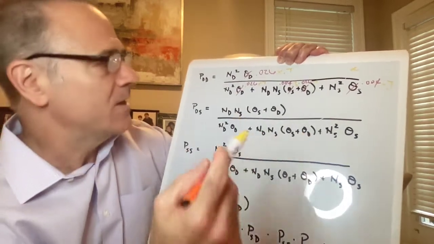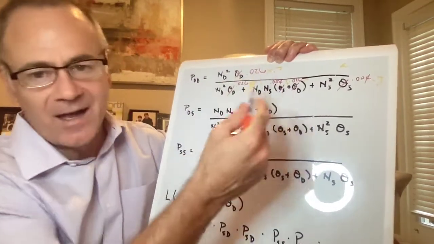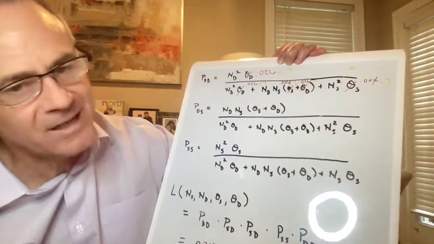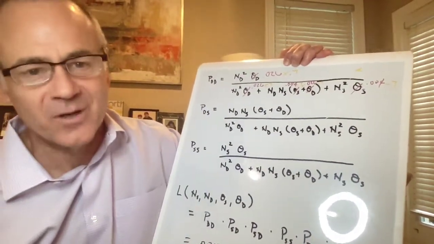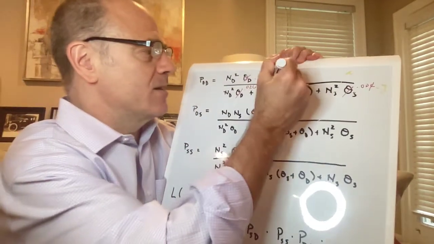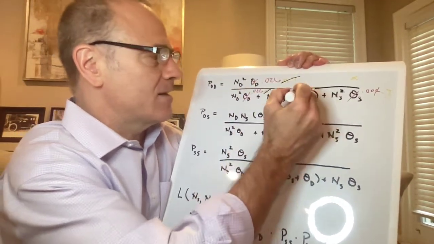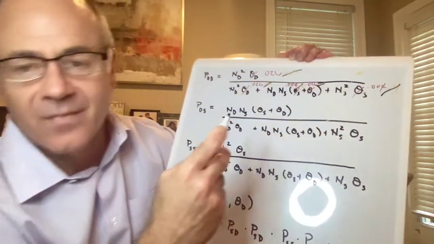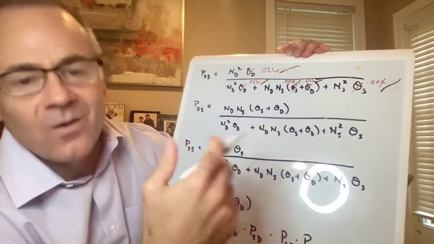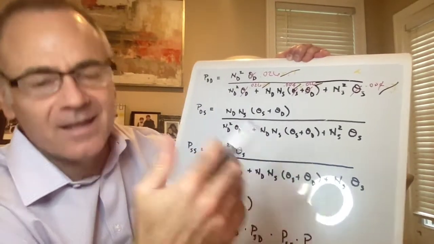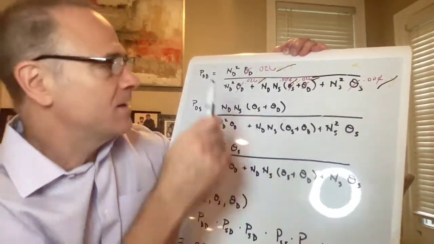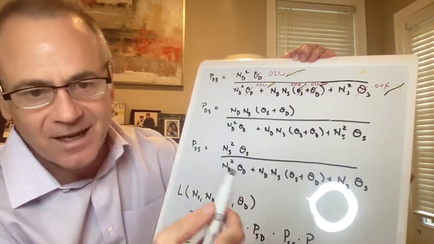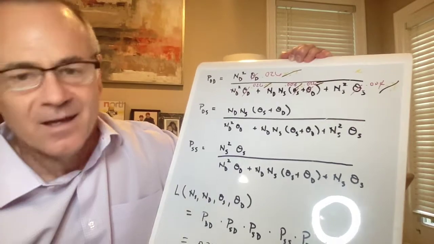So if we divide numerator and denominator by 0.7, all the 0.7s cancel out. So when we multiply theta d and theta s by 0.7, p sub dd does not change at all.